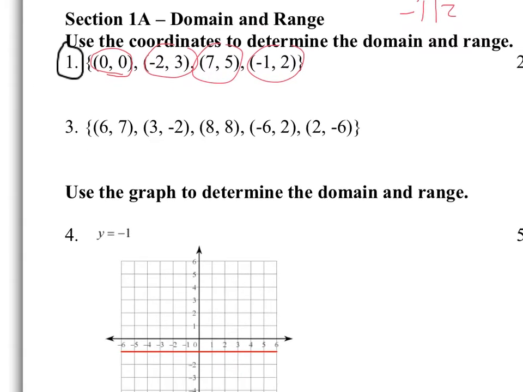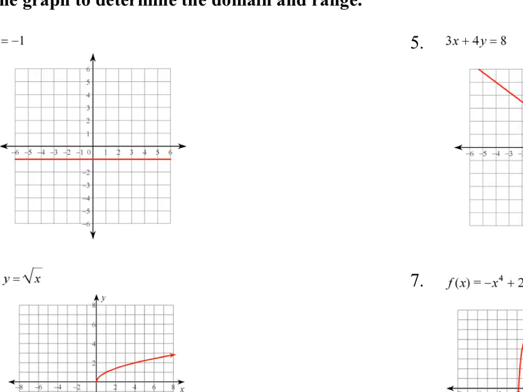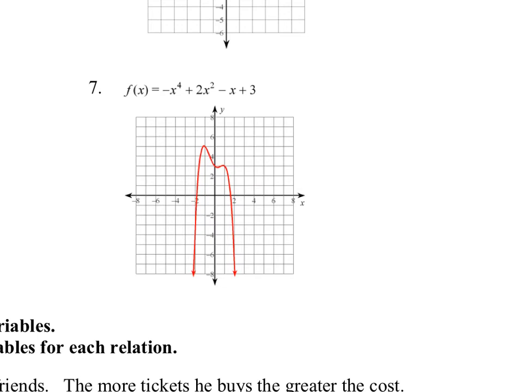If we have the information given to us in a graph, in which case now we will work on number 7, if we were to do the same thing and say x and y, remember that we have a collection of infinite points with this graph. So let's just represent a few of them. Now if I look at the graph, I see that maybe this is a point on the line.